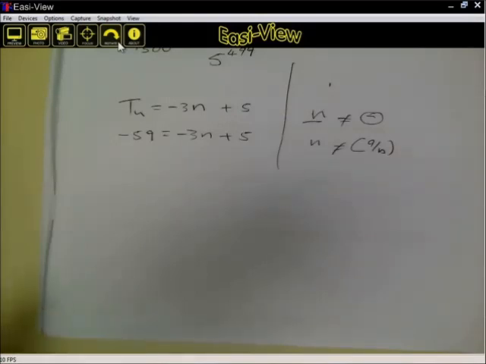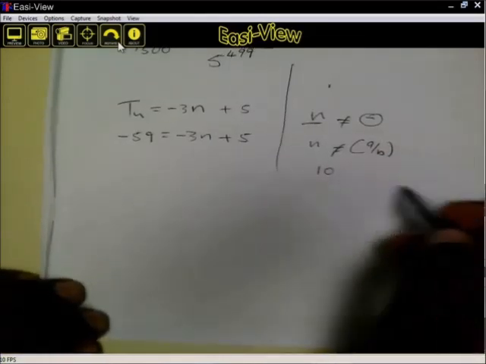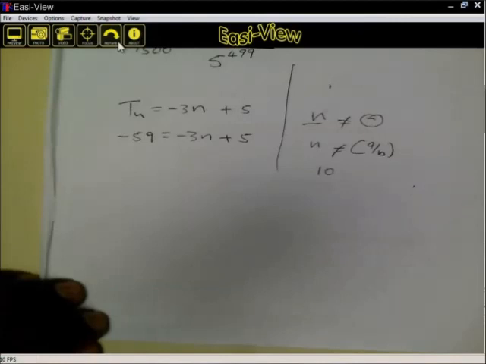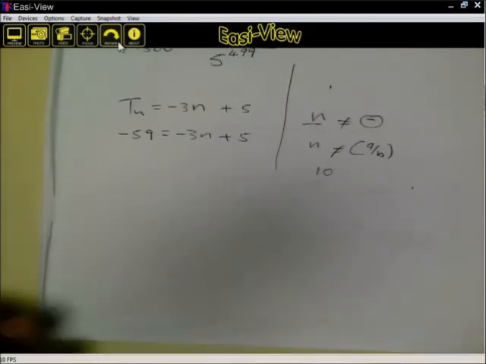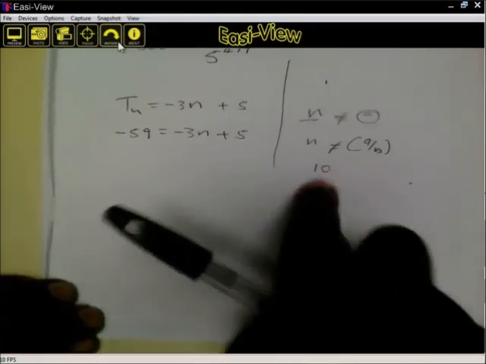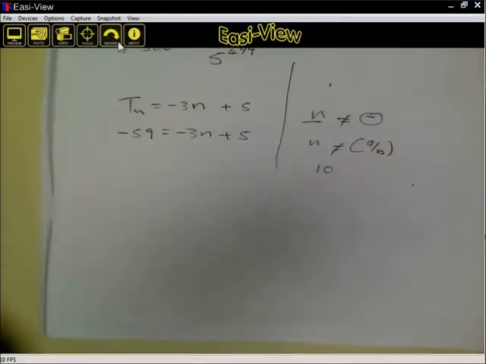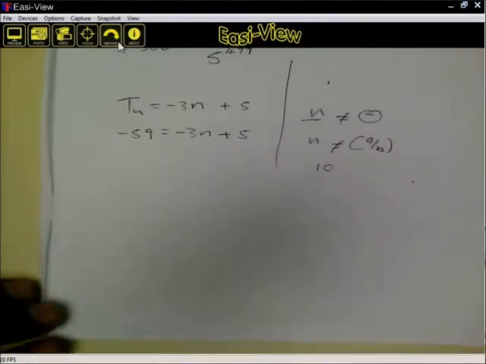So we cannot have negative number of terms, or 0.5 number of terms. It's like we cannot say, if we have 10 people in the room and 1 baby, that we have 10 adults and 1 baby. We cannot say that. But we will say we have 11 people in the room. So n cannot be negative, and n cannot be a fraction or a decimal.